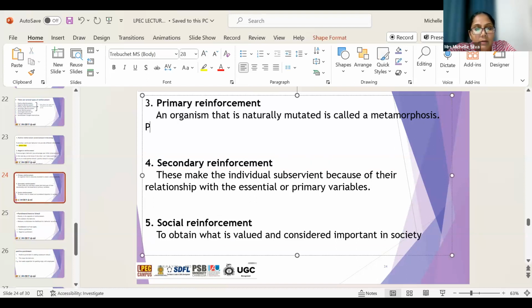Primary reinforcements are required for a person's survival.